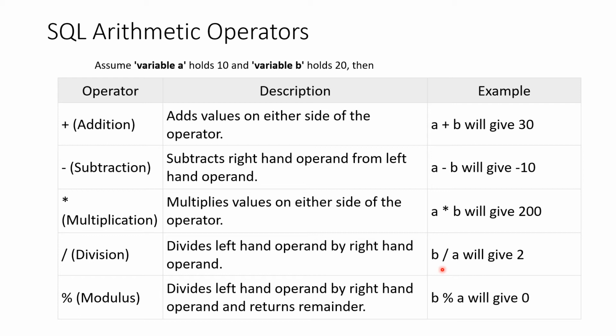So please remember this thing, that the left hand operand is divided by the right hand operand. Then modulus divides the left hand operand by the right hand operand and returns the remainder. So if there is no remainder, then it gives 0.